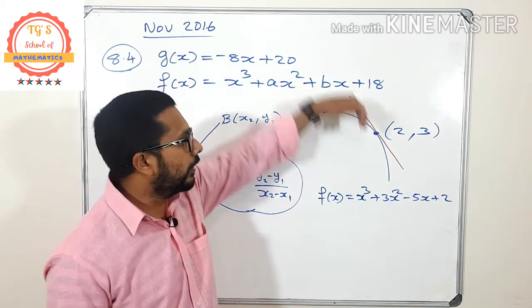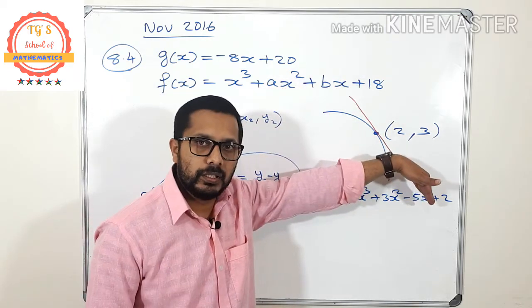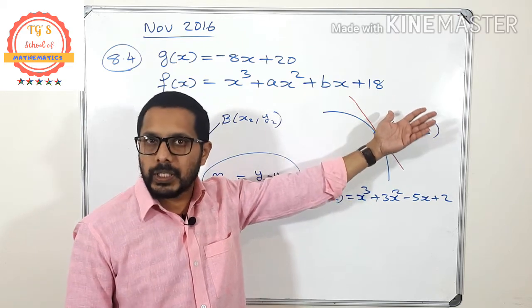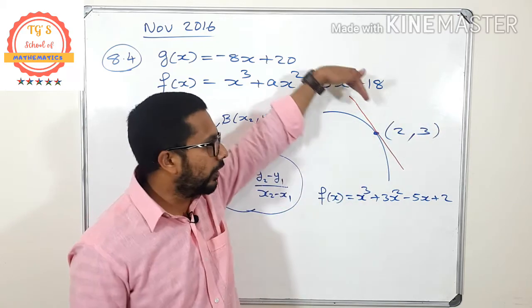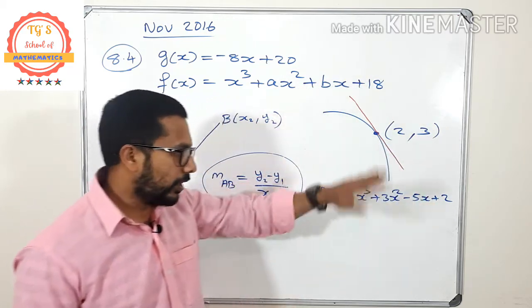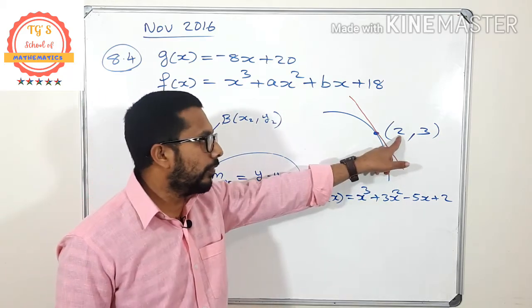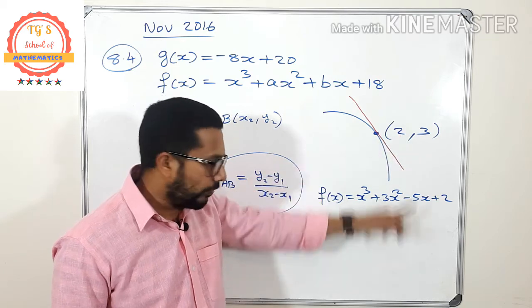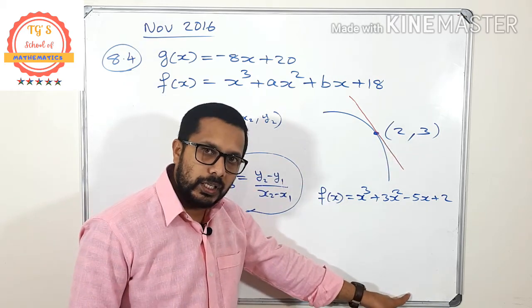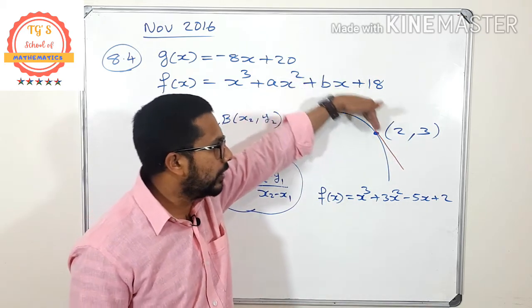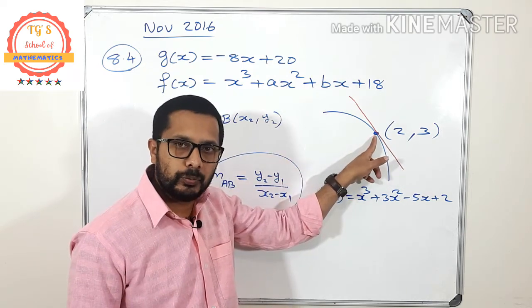How can I find the gradient of this tangent? I told you the method is the same. First I want to find the derivative. In that derivative I have to substitute the value of x as 2. And what's the answer you got? 19. And that is the gradient of this tangent at this particular point.